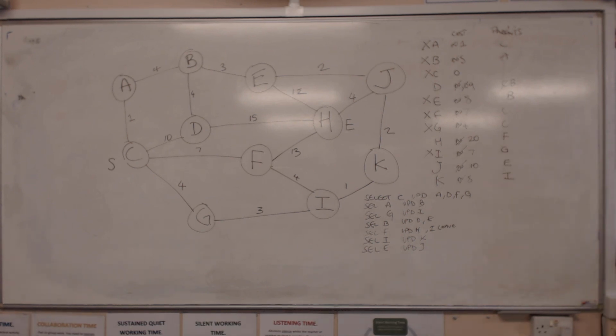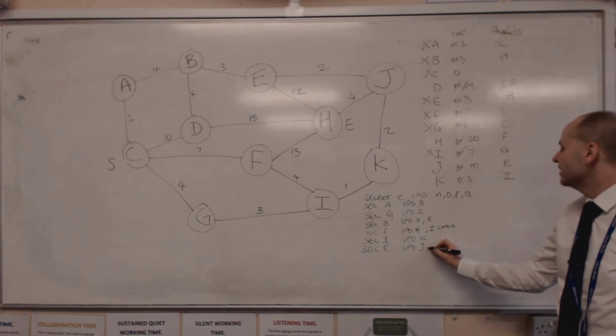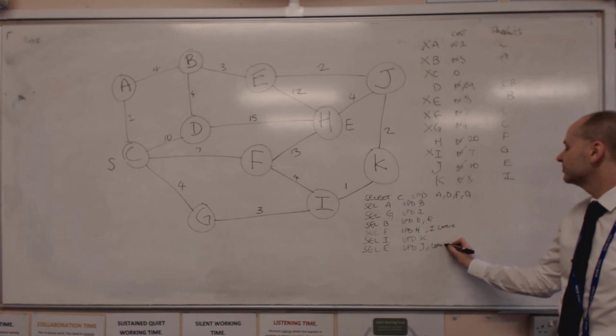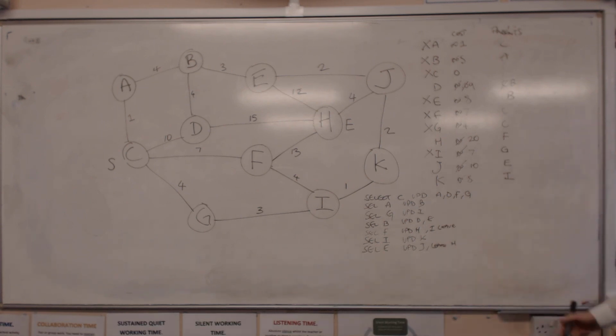So there may be more than one solution depending on the order that you pick things. You're not guaranteed to be one route. Depends what the graph looks like. So I'm just not going to update that. So I'm going to leave H because it wasn't a better cost. It's the same cost. Amazing, I made these numbers up, it's working quite well.